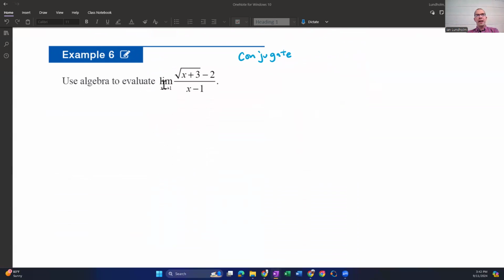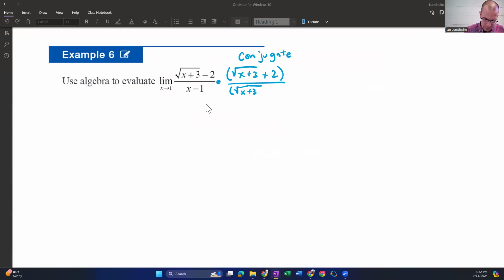So if we were going to 1, we would have the square root of 4 minus 2, which would give us a 0 on top. And on bottom, we'd have 1 minus 1, which would give us a 0 on bottom. So right now, this is not in a form that we can use. But if we multiply this times a special form of 1, we're going to utilize the difference of squares factor pattern so that we change the sign. It used to be a minus sign, but now it's a plus sign.